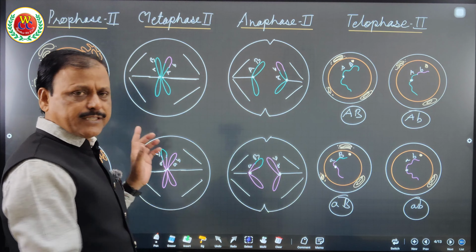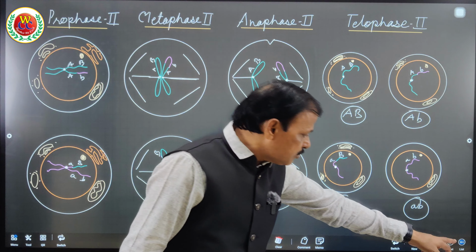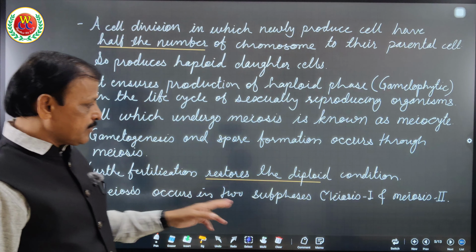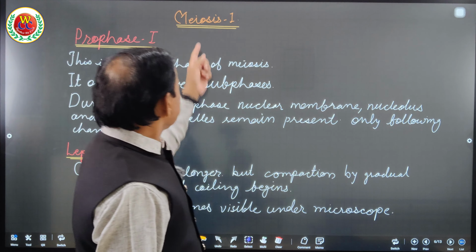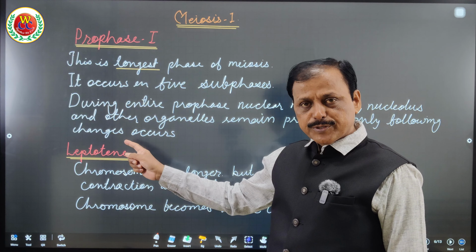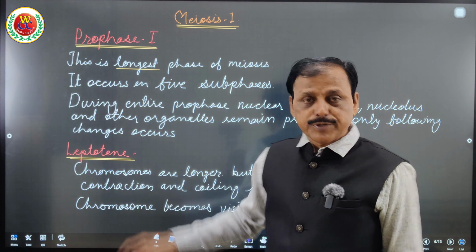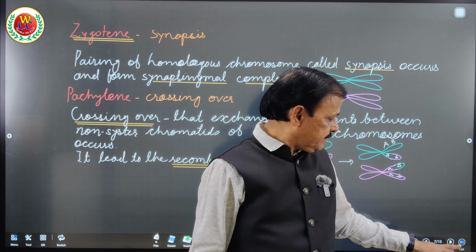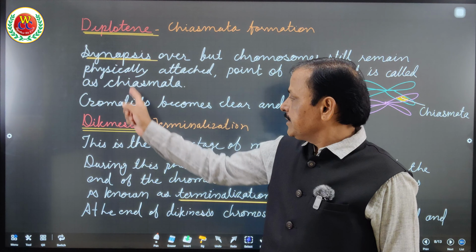For the entire stepwise explanation, please go through these notes which are written later. See here, this is about meiosis 1. In meiosis 1, prophase 1 is the first stage, written about prophase 1. Prophase 1 includes leptotene, zygotene, pachytene, diplotene and diakinesis.